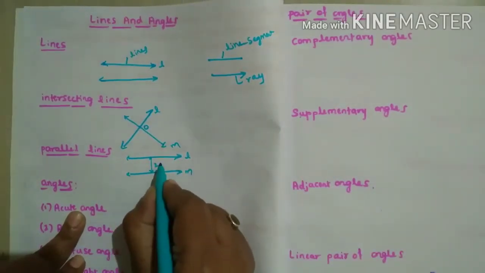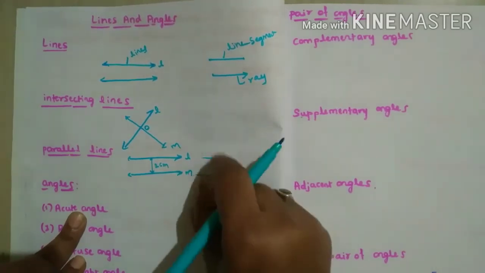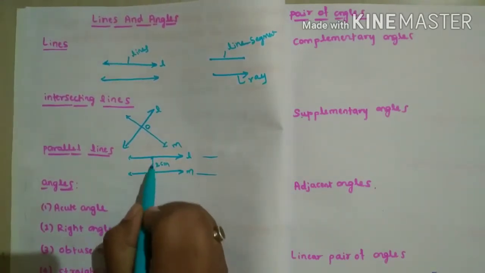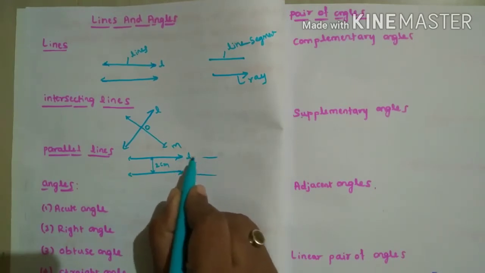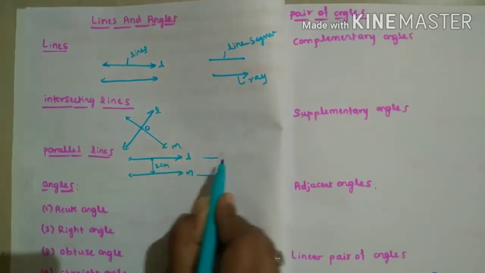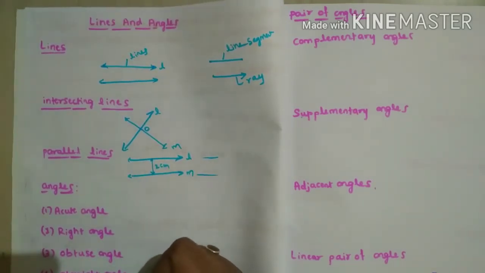Suppose it is 2 centimeters, wherever you go and measure, the distance will be constant always. Those lines are called parallel lines. Both the lines maintain the constant distance.